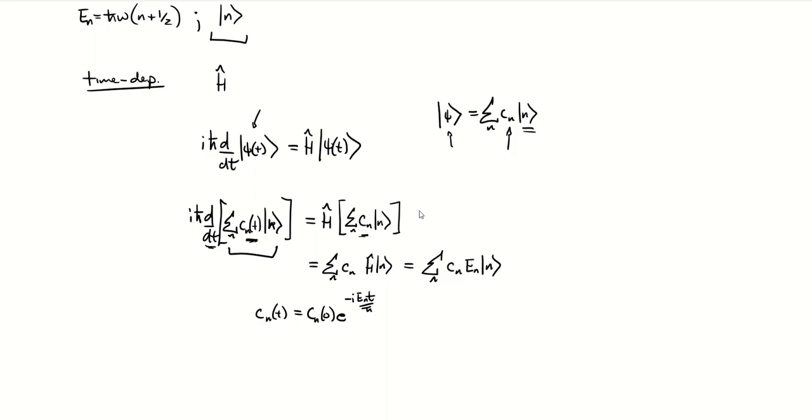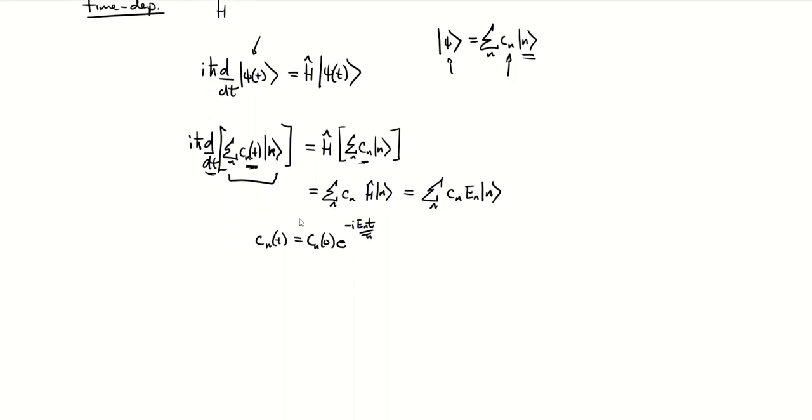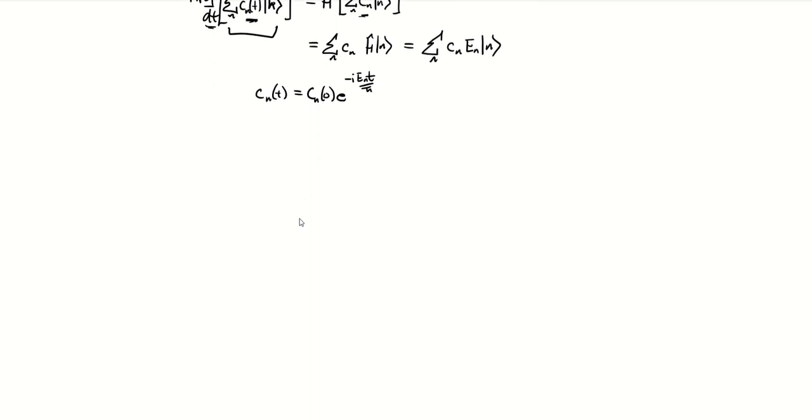You can go through this. It's covered in 302, so I'm not going to go through all the gory details of that. But hopefully you remember this. This sort of mapped out how we solve for the time dependence of a system with a time independent Hamiltonian. The first step was just to determine what the energy eigenvalues and energy eigenstates are.